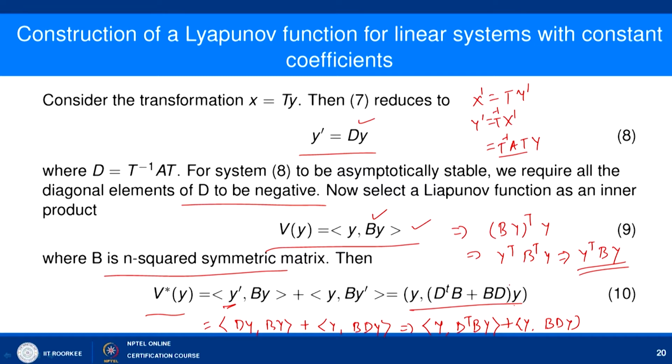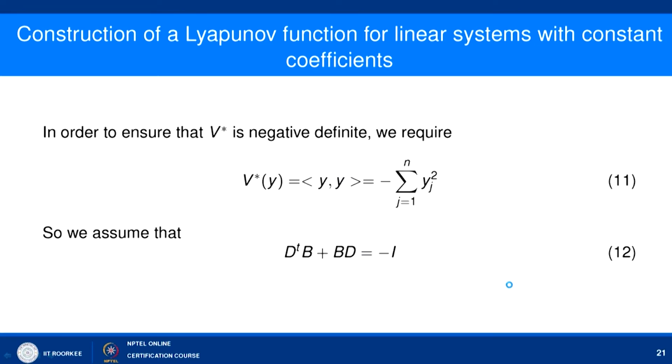Now, we want to find out whether it is asymptotically stable. For that we need to ensure that V star is negative definite, and for that we require that V star of y is something like the inner product of y, written as minus the sum over j equal to 1 to n of y j square here.